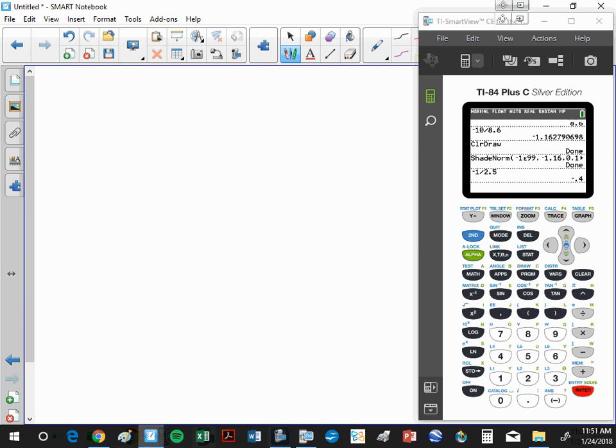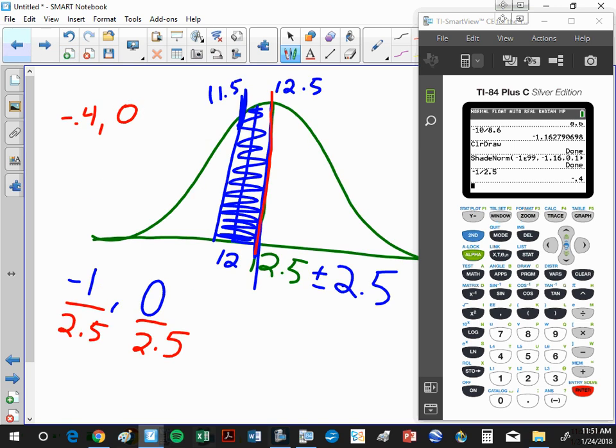Well, in this one, the right side is the expected value. So the z-score is automatically 0. The left side of that column is 1 unit away. The right side of the column is the expected value, so the z-score is 0.